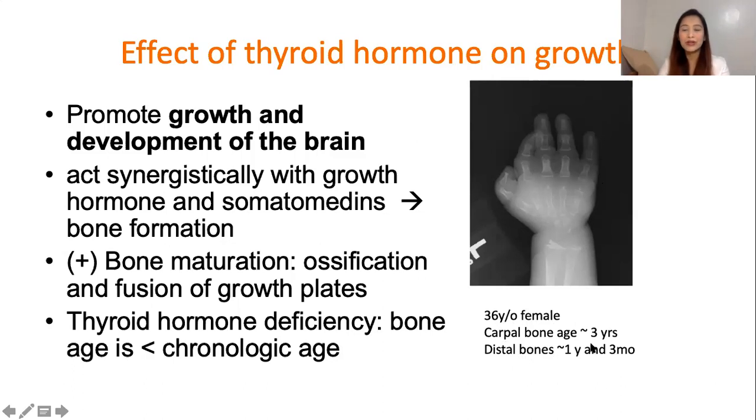But the chronologic age is 36 years old. So if you have thyroid hormone deficiency at birth, or during infancy or even childhood, your bone age is less than your chronologic age, meaning your age is older than your bones.